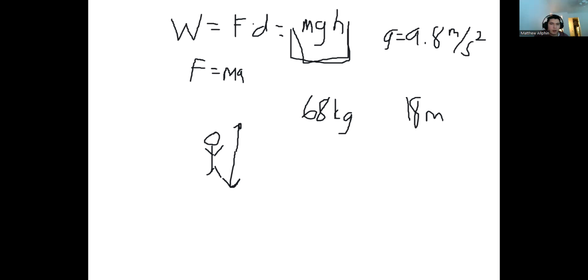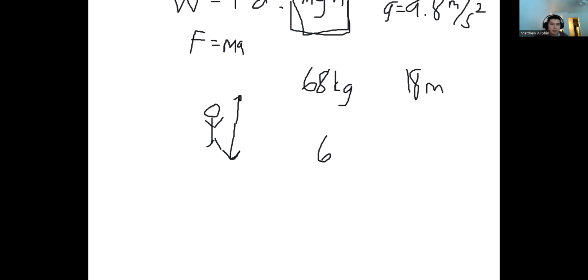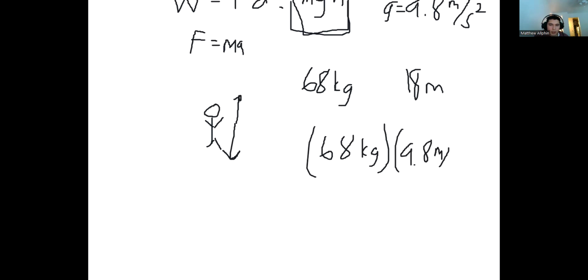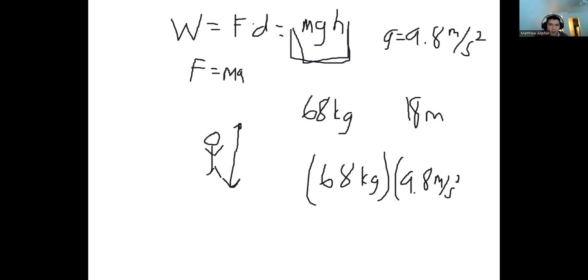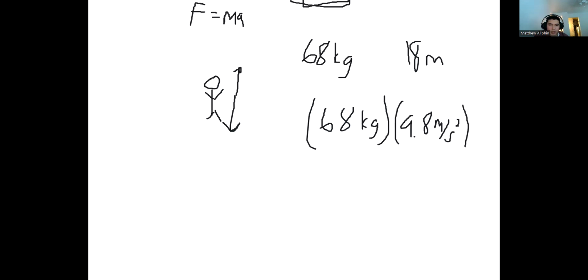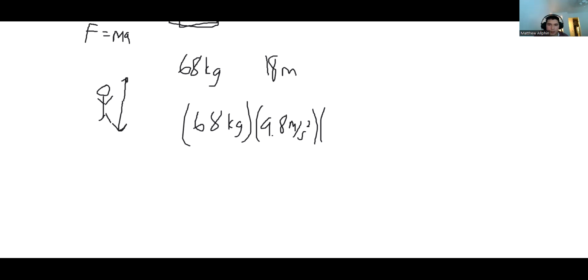So if I plug all that in, usually I like to write my units so that things make sense. So 68 kilograms times 9.8 meters per second squared times 18 meters.